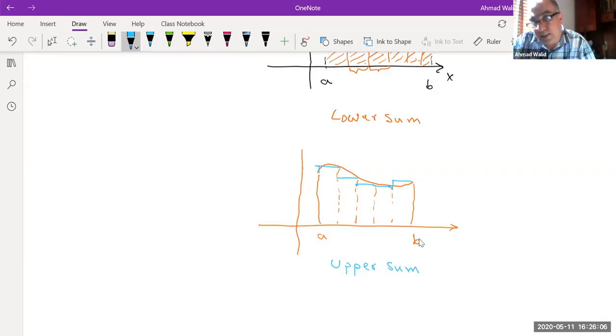This is the lower sum and upper sum method. Any function that they give you, I'll show an example for you. You calculate the upper sum, you calculate the lower sum. Of course, you will end up with two different numbers. The number which is between these two, we call the estimation for the area under the curve.